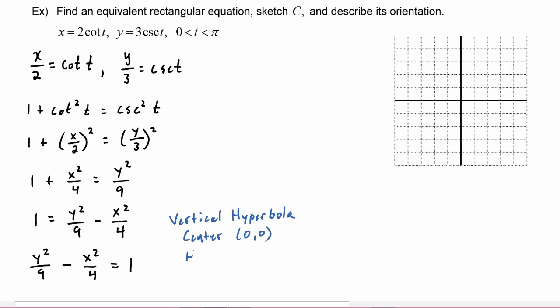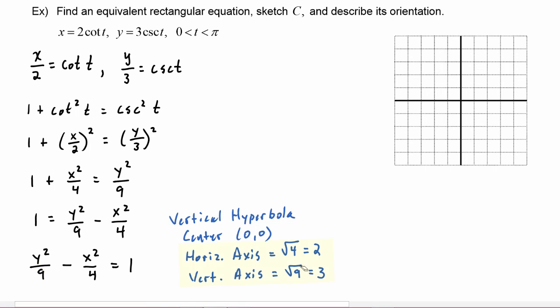The horizontal axis comes from what is under the x variable, so square root of 4, which is 2. The vertical axis comes from what is under the y variable, square root of 9, which is 3.